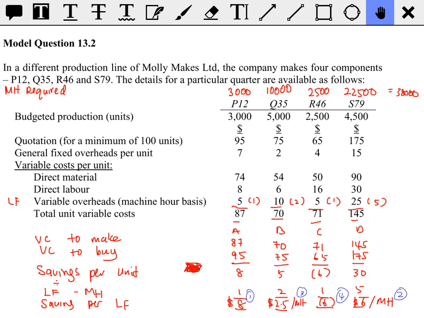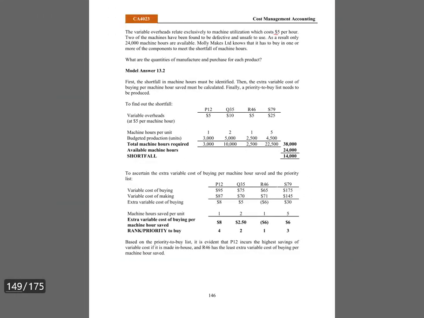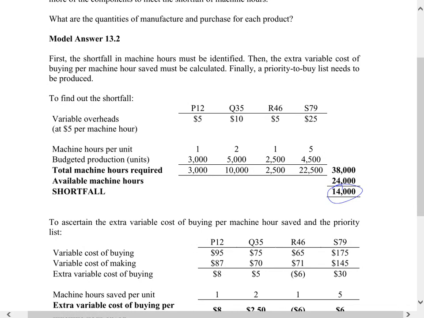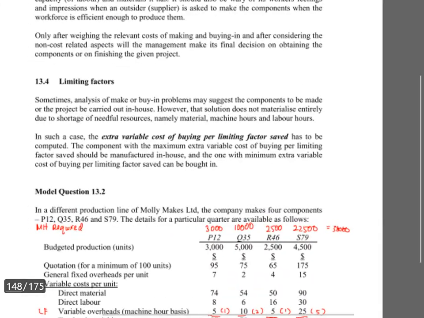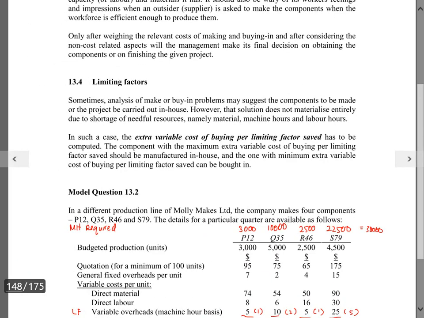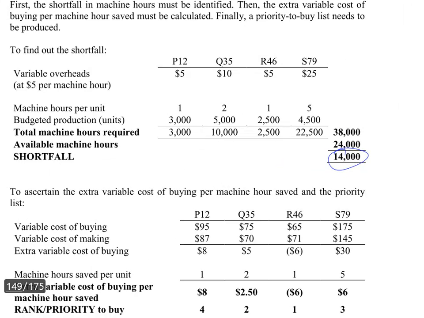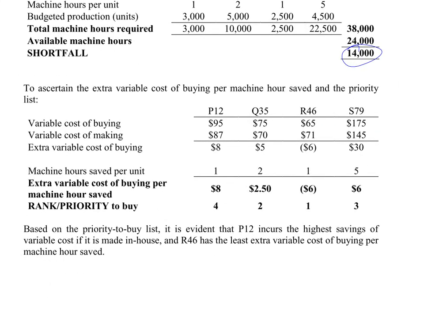Now I need you to change this because the model answer's wording is a bit different. So look at the next page. We already found the shortage just now, 38 minus 24, so the difference is 14,000. And then variable cost to buy, variable cost to make.